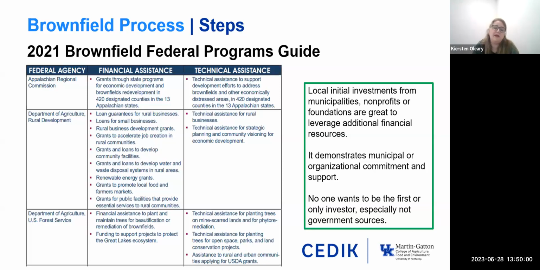There's area-wide planning grants from some people. There's a lot of money out there for housing and infrastructure right now. So it's definitely worth taking a look at as you're looking at options for how to fund your project as a whole. And Shane's going to talk a little bit more about the investment that it takes, or the investment that it is to roll into these redevelopment projects.